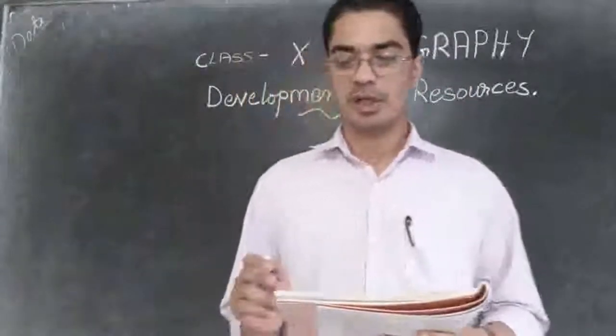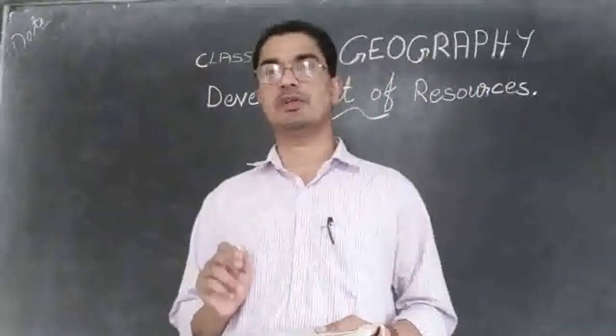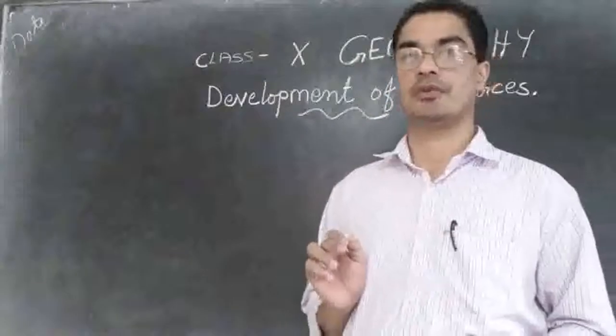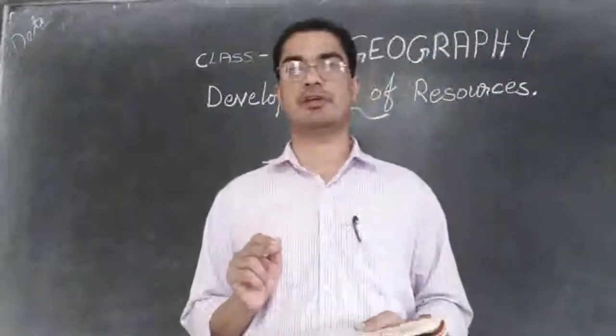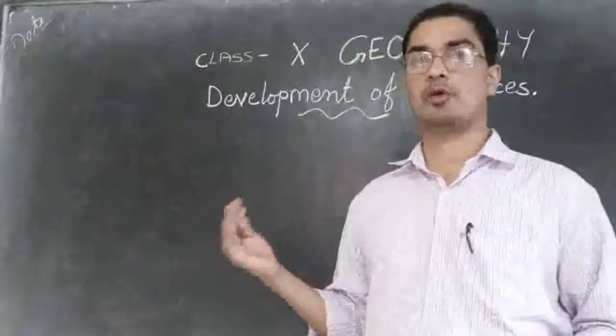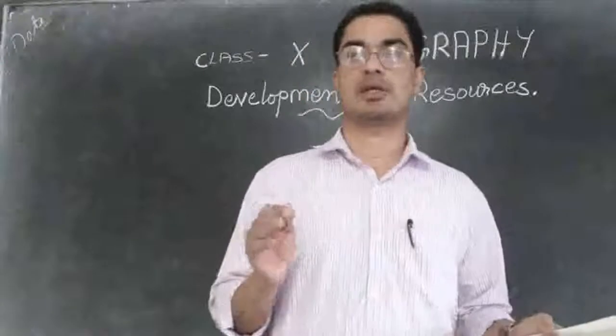Then, if the present trend of resource depletion by a few individuals and a few countries continues, the future of the planet is in danger. At present, some countries are accumulating a lot of resources for themselves, and some are struggling.